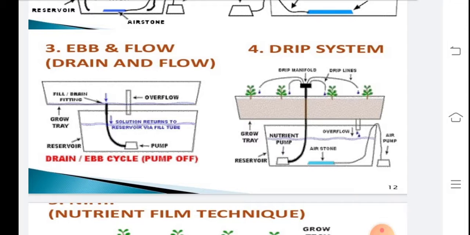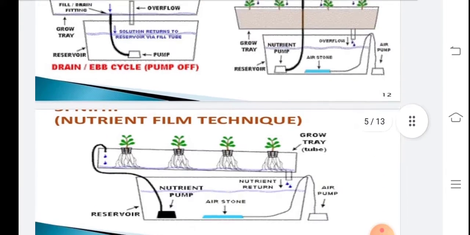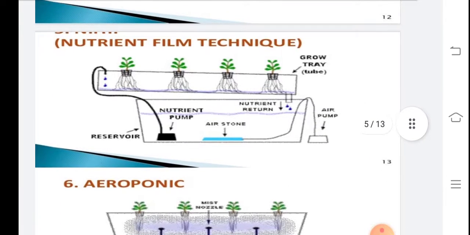In the drip system there are direct hoses, drip lines, and an air pump. In the fifth system, the nutrient film technique, which is the one we are interested in, there is a reservoir, a nutrient pump, an air stone and air pump, and the growing plant tray.